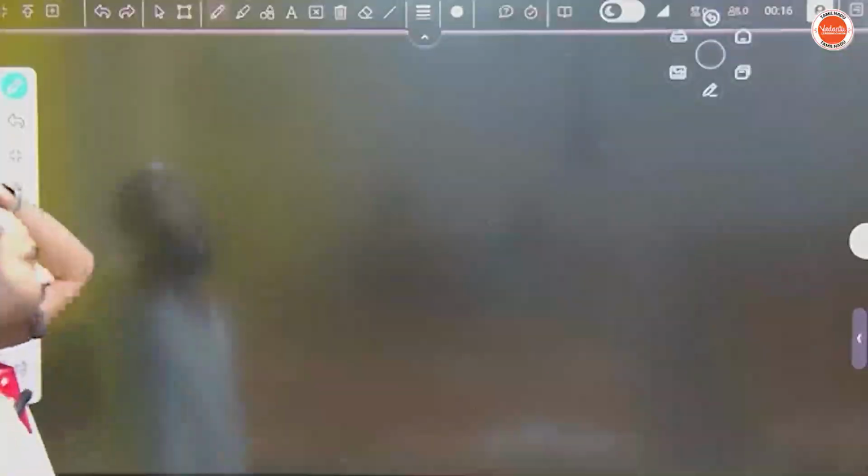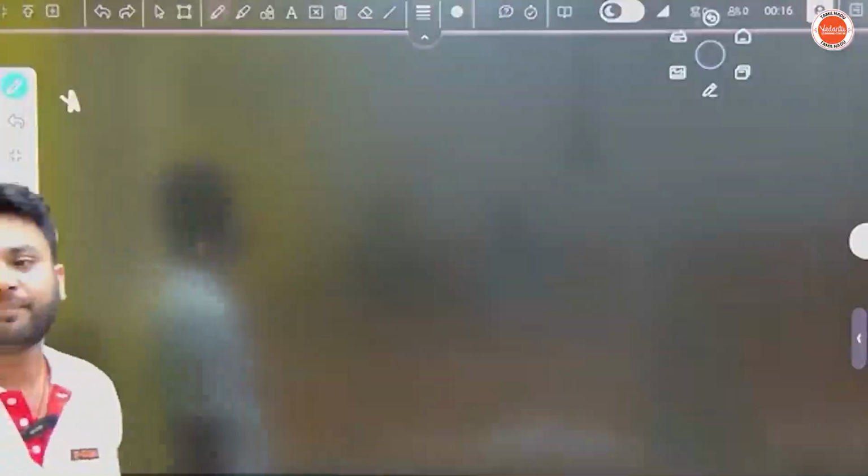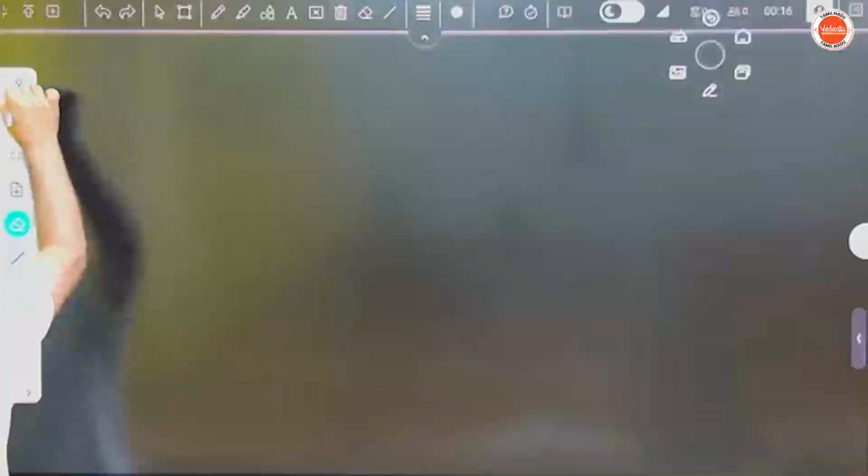One more thing that you need to remember: there is one property of temperature. We have different temperature scales, and that also you should remember.